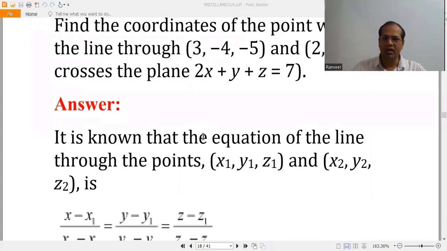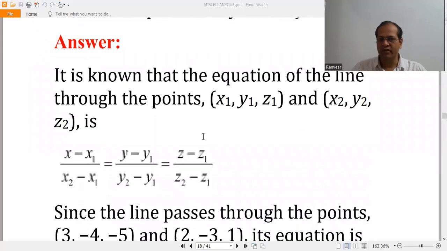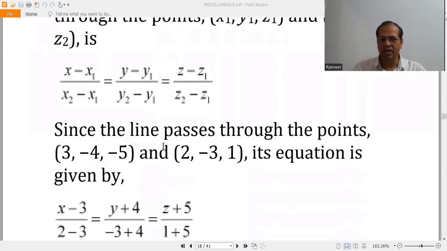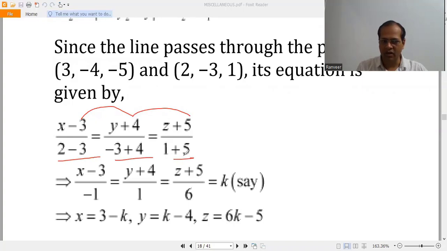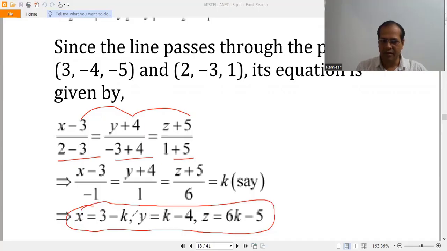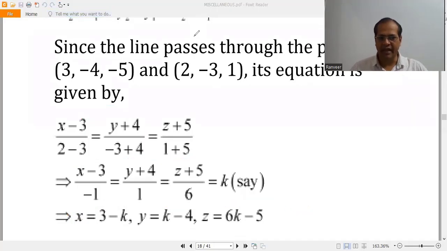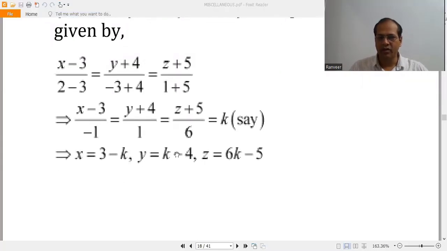First of all, from the given points x1, y1, z1 and x2, y2, z2, we have to find the equation of the line. This is the one point we took, and this is the direction ratio that we already saw. So x equal to 3 minus k, y equal to k minus 4, z equal to 6k minus 5.